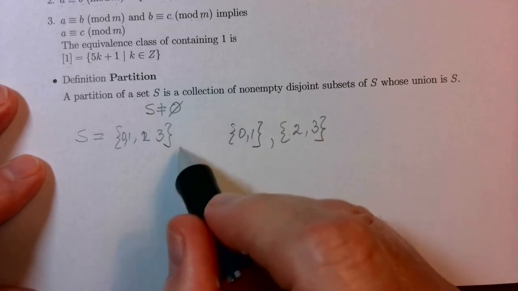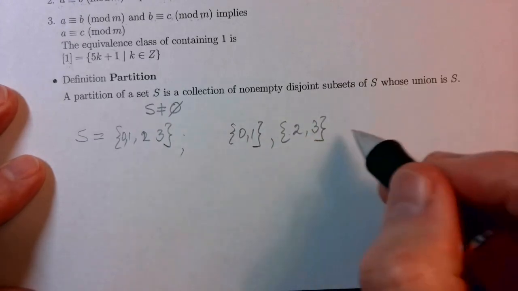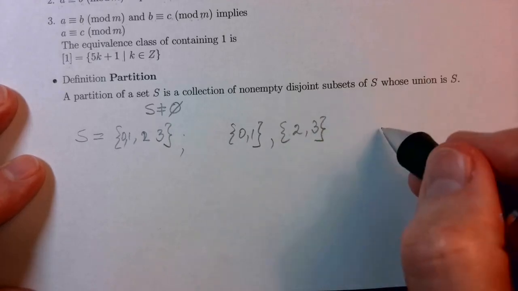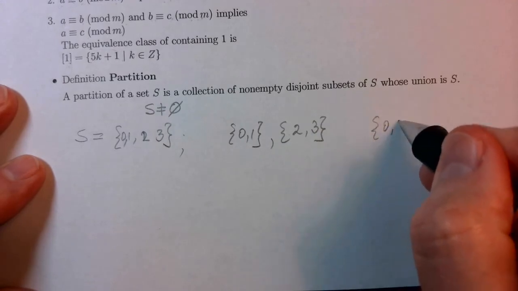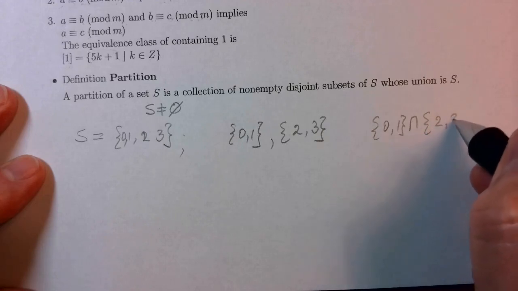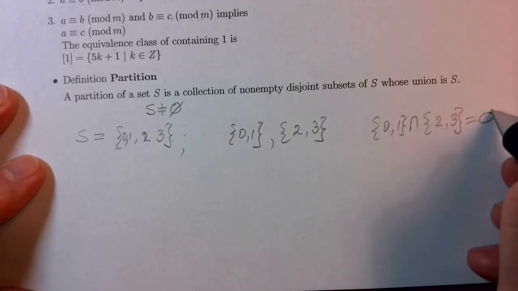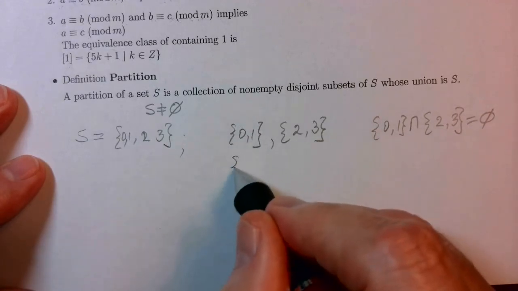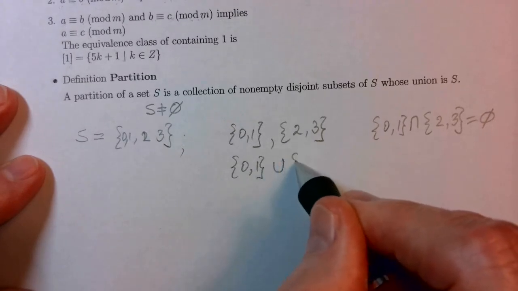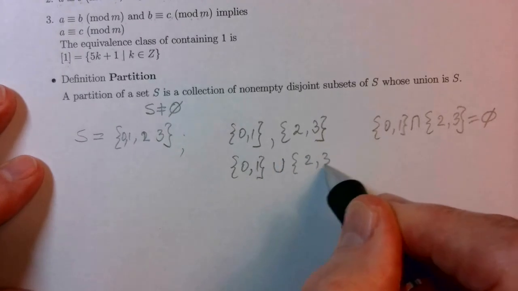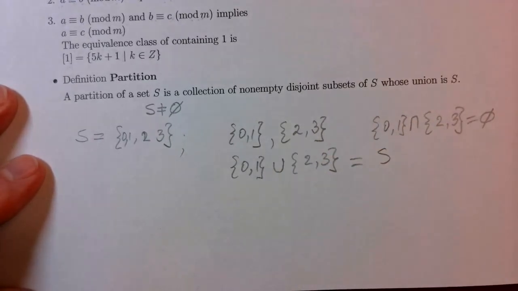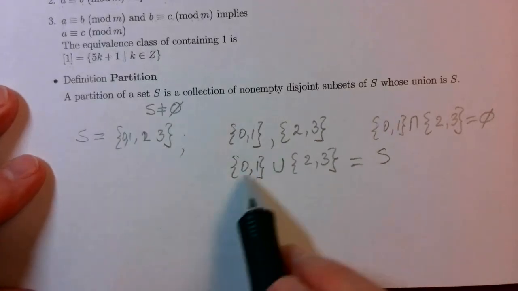These two subsets form a partition of S because they are disjoint. The intersection is empty. And their union is equal to the whole set S. Of course, all the numbers are in the union.